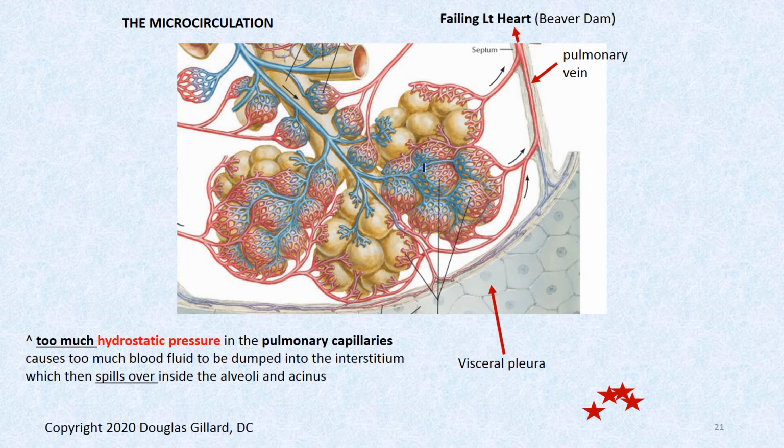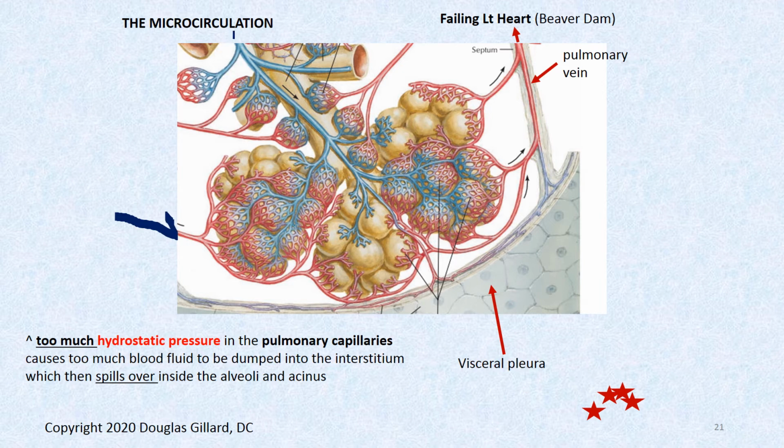Right? So here's a nice, cool picture of the microcirculation. So this is the respiratory unit of the lungs, as we've discussed in that video that you should go watch if you don't know what I'm talking about. But yeah, so blood is being oxygenated here, and it's flowing back through pulmonary veins toward the heart. And what if the heart is failing? Well, you get a backup of all this blood, and you still got the right heart pumping.